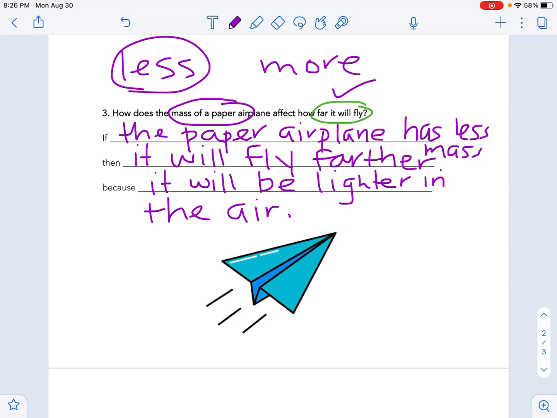You know, maybe it's a little bit more stable, has a little bit more to it, is going to be floating through the air a little bit better, kind of like the idea of a real airplane. So whatever you think, you have to decide one or the other. Choose a side, and then what do you think is going to happen, and why do you think that's going to happen? Okay. All right, so this is just day one of looking at the idea of a hypothesis. We will have a lot more practice on this.